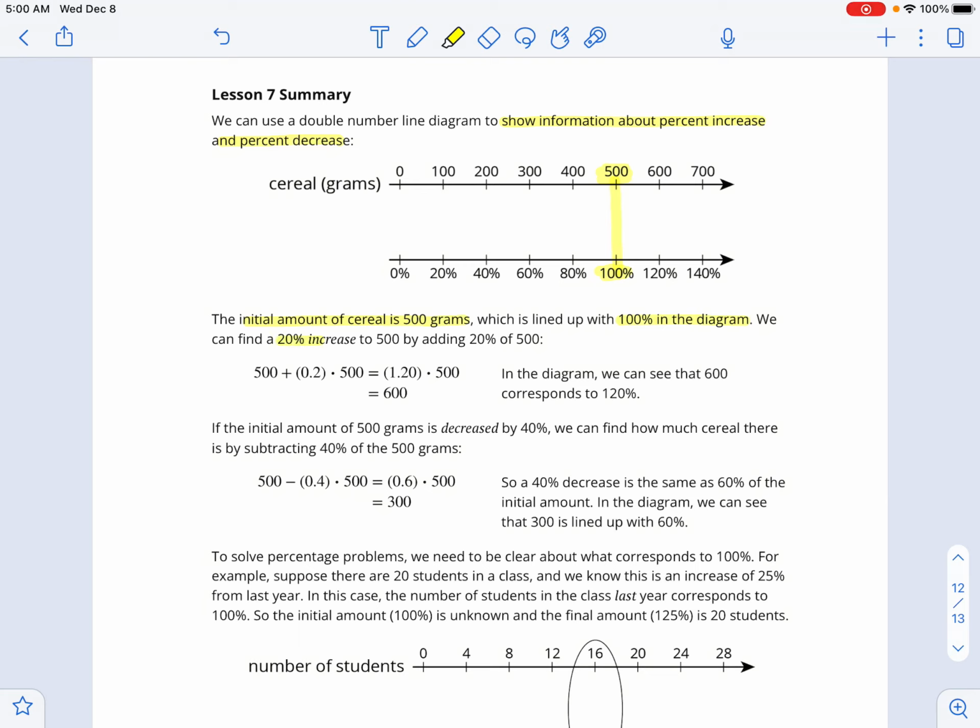We can find a 20% increase by adding 20% of 500. And in the diagram, we see we add 20%, so we're adding 100 grams of cereal. If the initial amount is decreased by 40%, we can find how much cereal there is by subtracting 40%. So we'd be moving 40% in the leftward direction.